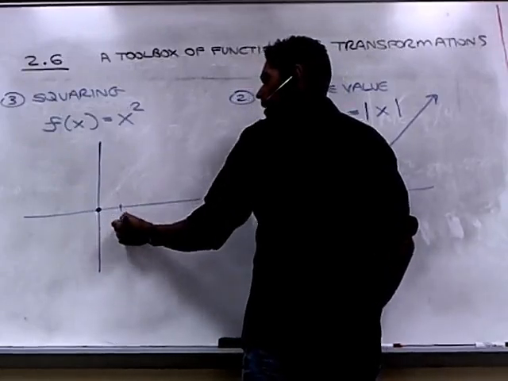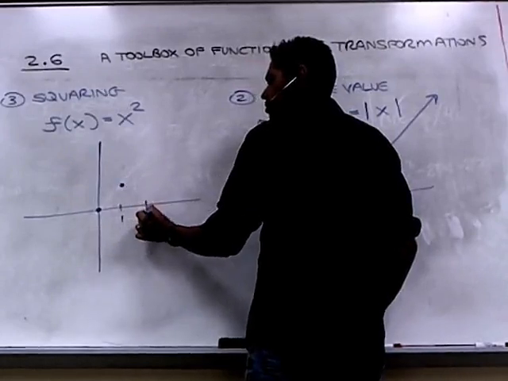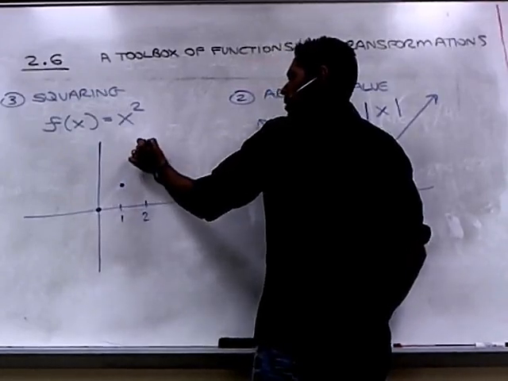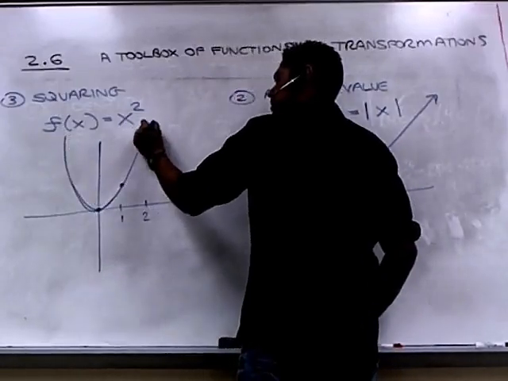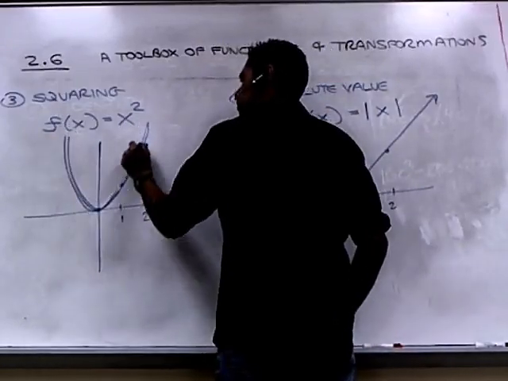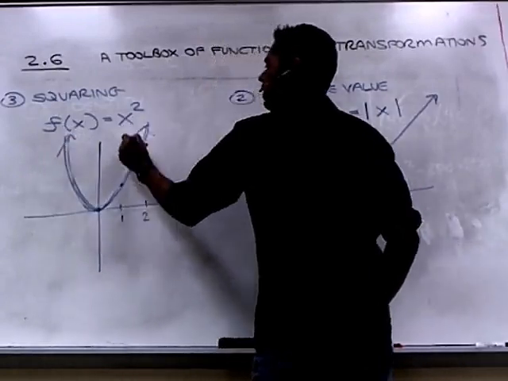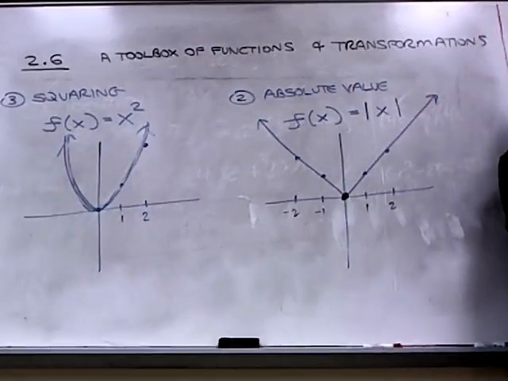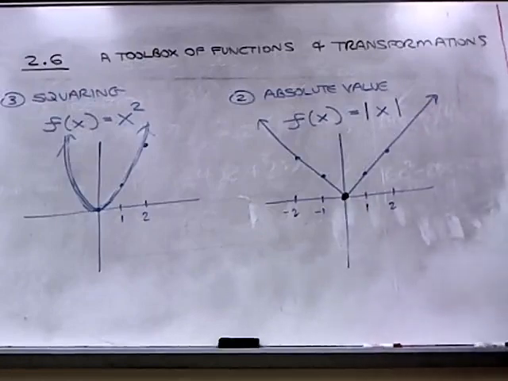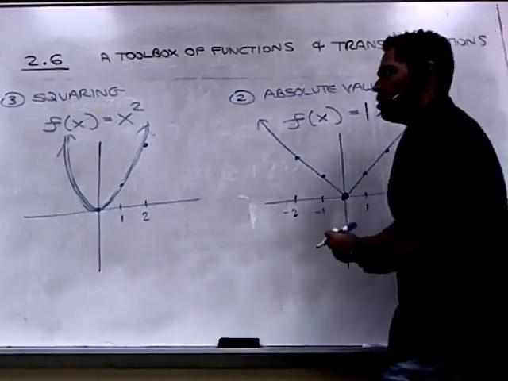If I plug in 1, we get 1. Plug in 2, we get 2 squared is 4. And so this is what I drew earlier. It's a U shape, right? The important thing is to not confuse it with the absolute value. It is not a V. It's curved. It's a U. And it also contains the origin.